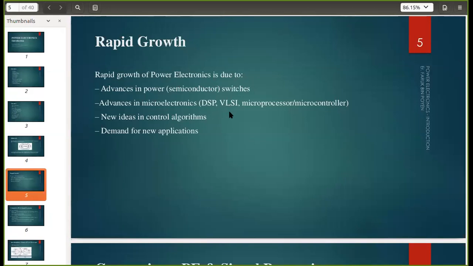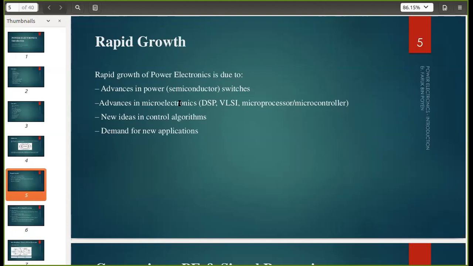Then you have VLSI, microprocessors and microcontrollers. Due to the developments, inventions and innovations in semiconductors, DSP, microelectronics, VLSI, microprocessors and microcontrollers, there has been rapid growth. Already the rapid growth has happened in the field of power electronics because of this.